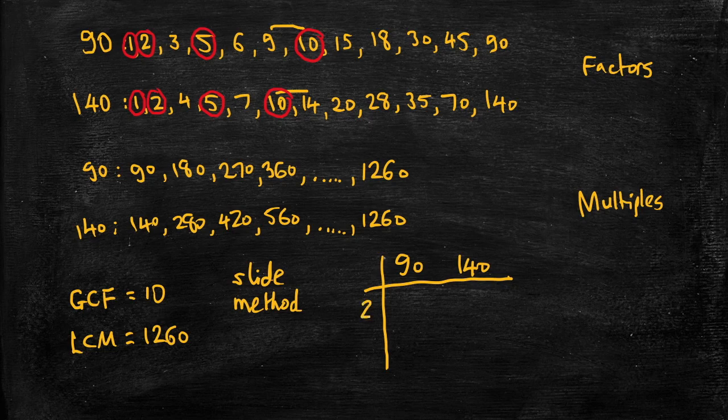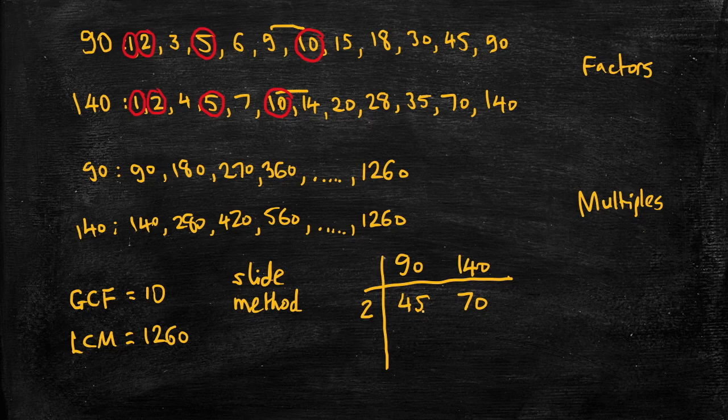So 2 is a common factor of 90 and 140, and if I divide 90 by 2 I'll get 45, and if I divide 140 by 2 I get 70, and then just keep going. So we can't take out another factor of 2 because 45 is an odd number, so 2 is not a common factor of 45 and 70.